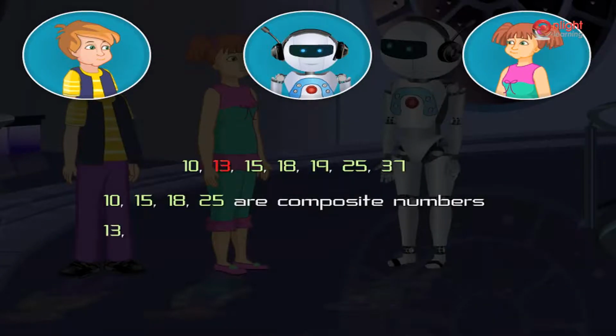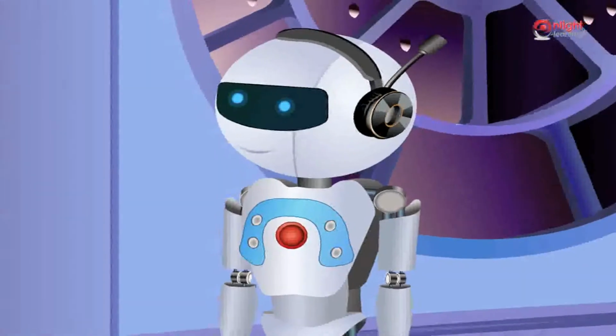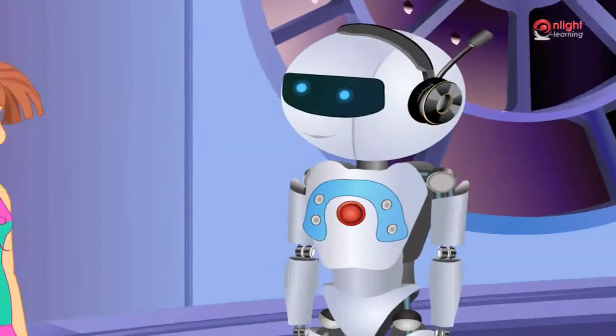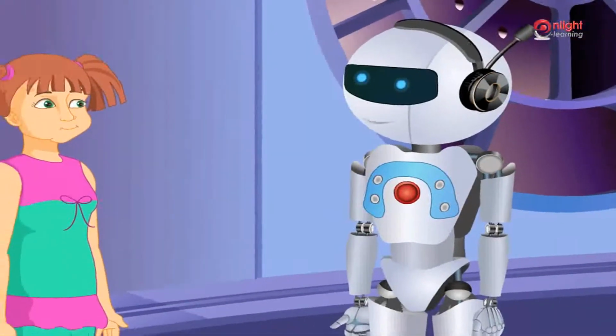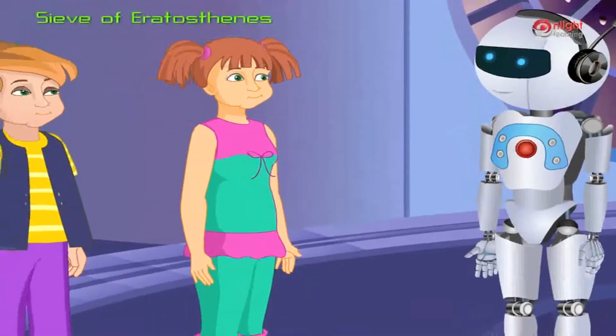And 13, 19, 37 are prime numbers since they have only 1 and itself as factors. You can find out the prime numbers up to 100 with the help of a method known as the Sieve of Eratosthenes.